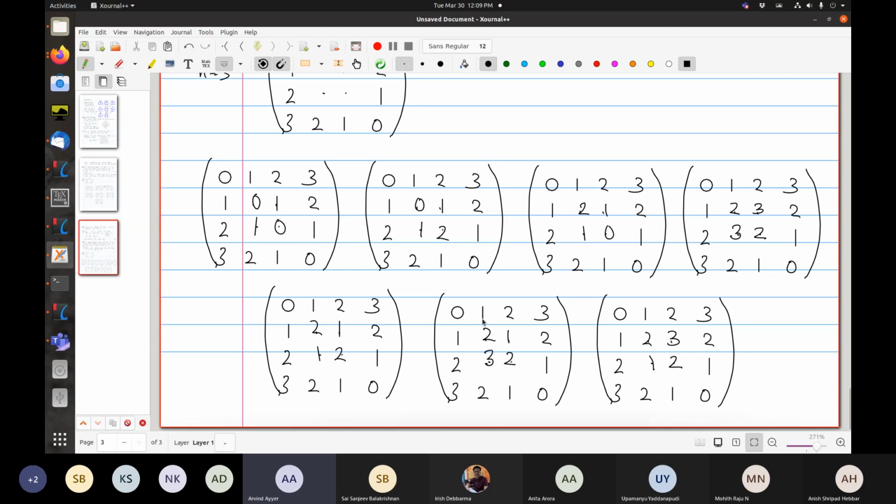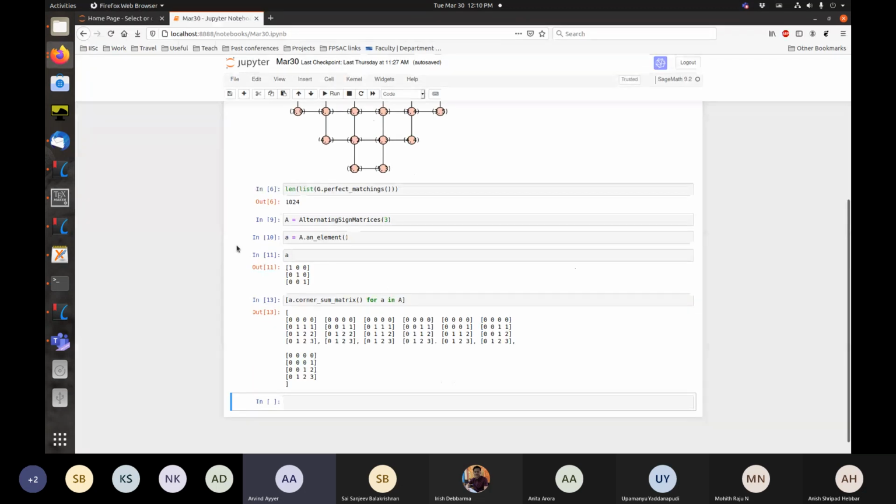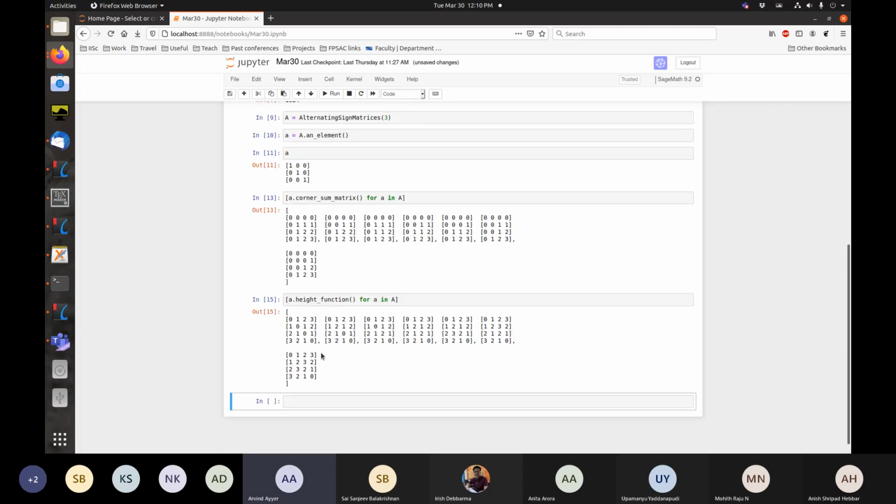And again, a similar proposition. Oh, okay. Let me first see. Remember, A was the identity matrix. Okay, so let's see these again. Fortunately, someone has built all this for us.